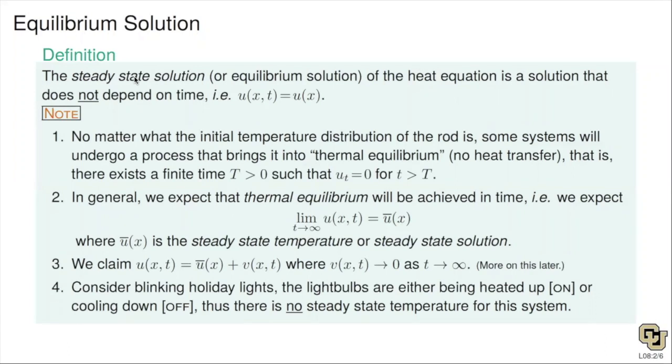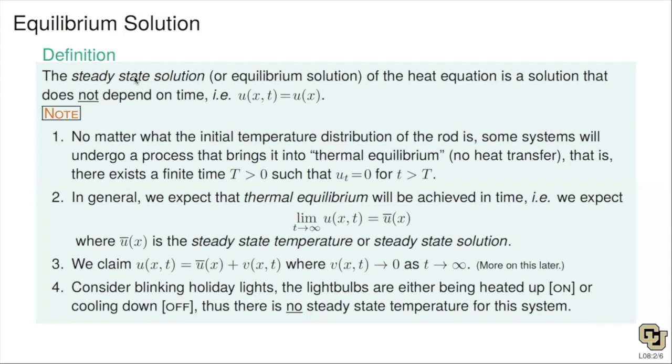By the way, not all systems have a steady state solution or equilibrium state. So consider your blinking holiday lights, right? I think we're 99 days from the winter holidays. Your blinking holiday lights, the light bulbs that are blinking, are either on, so they're being heated up, so think about the temperature going up, or the light's off, and when it's off, the temperature's cooling down, cooling down, cooling down.